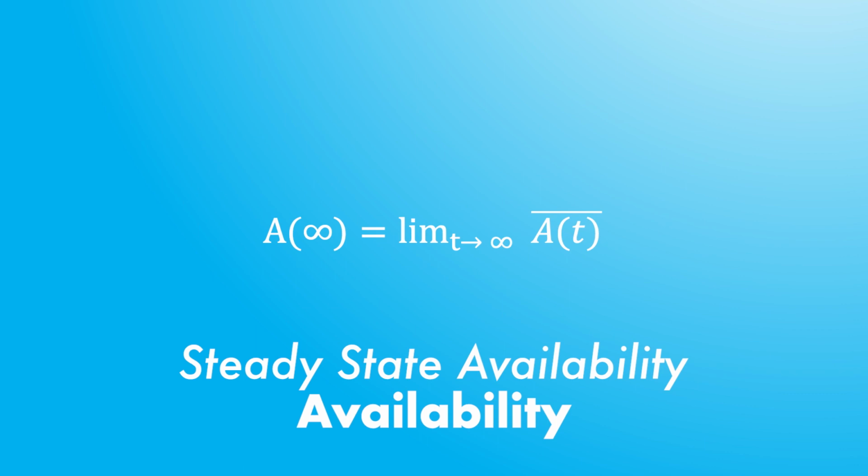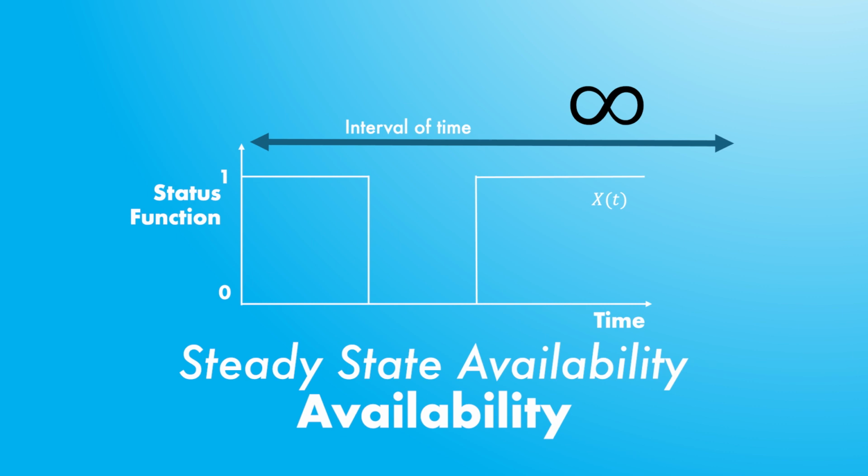The steady-state availability of the system is the limit of the mean availability that we have already talked about when time tends to infinity. It describes the mean availability of the system when we analyze an infinite amount of operating time.